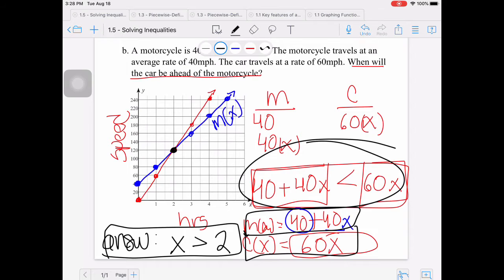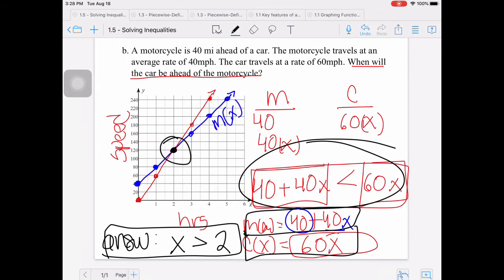We graphed them on an xy plane, and we came up with x is greater than 2, which means that after 2, the motorcycle goes ahead of the car, or the car goes ahead of the motorcycle. All right, now how could I do this on my calculator?